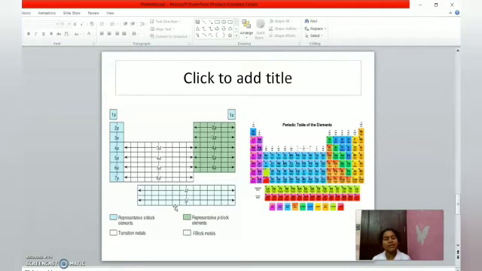According to that, we can classify the periodic table into 4 blocks: S block, P block, D block, F block. So if the last electron is entering the S subshell, it will be in S; if P, in P; if D, in D; if F, in the F block.